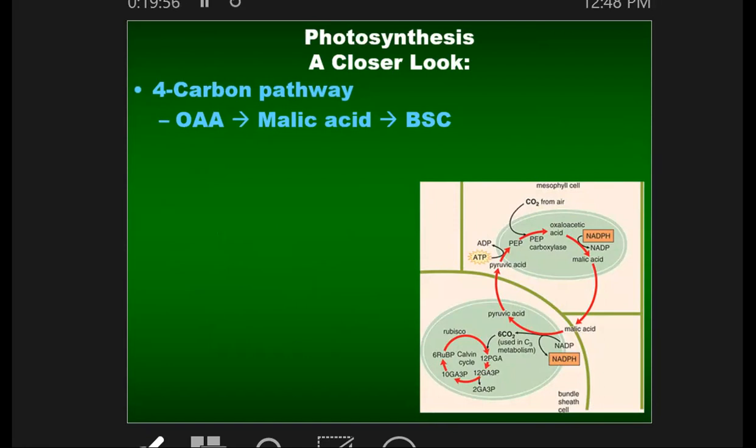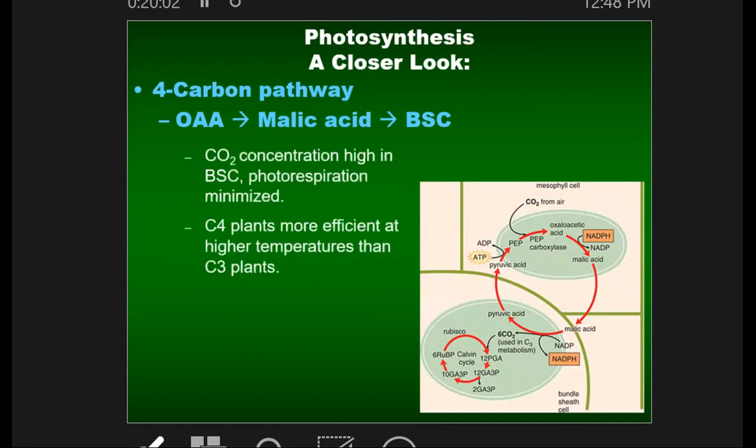BSC is bundle sheath cell. So that malate is a vector. It physically moves from the mesophyll to the bundle sheath and then the CO2 gets cleaved off of it and given to Rubisco. And so Rubisco is fed that CO2 constantly by the malate coming in.